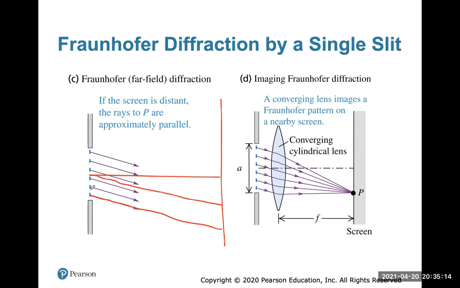These two paths, let's treat this as a limiting case. From the center out, this is the largest possible path difference we can make. And it's related to, if we imagine this triangle here again, this side is half the width of the slit, a over 2.